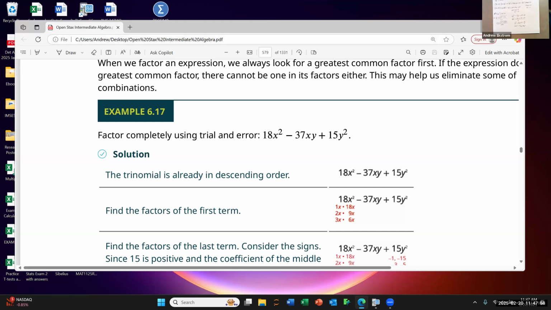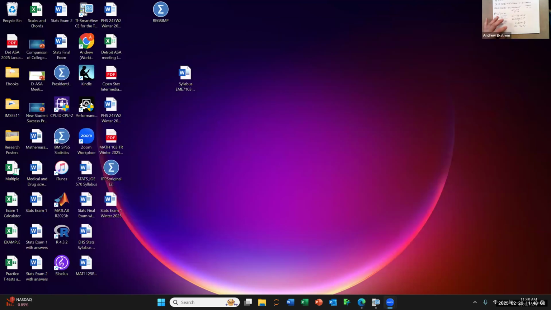So with this one, when you write it out, what's going to happen is you have x plus some number times y, and then x plus some other number also times y. Because you've got a negative and a positive here and a negative here, these are probably both going to be negative values here. And both of these numbers are going to be fractions.